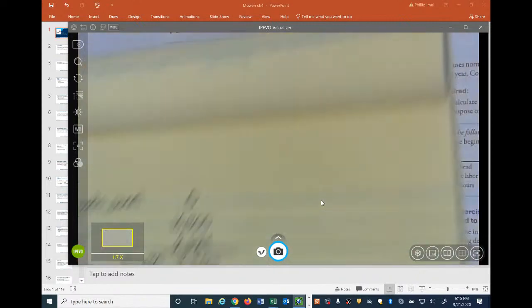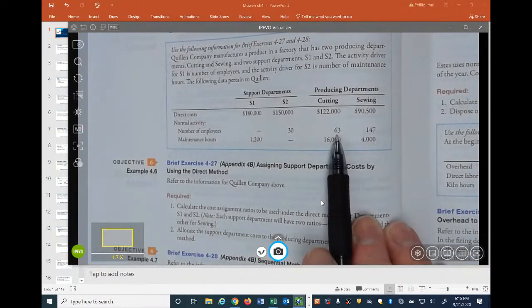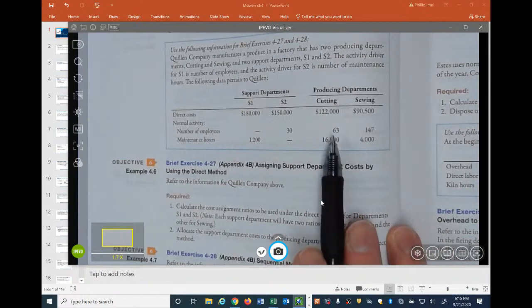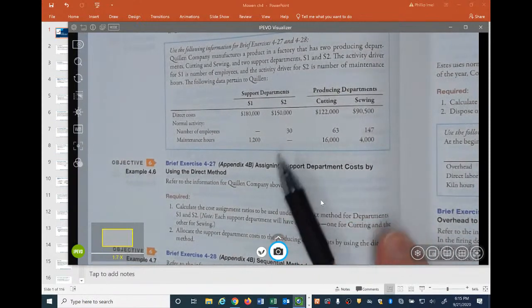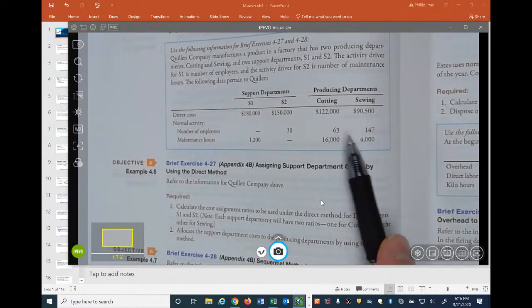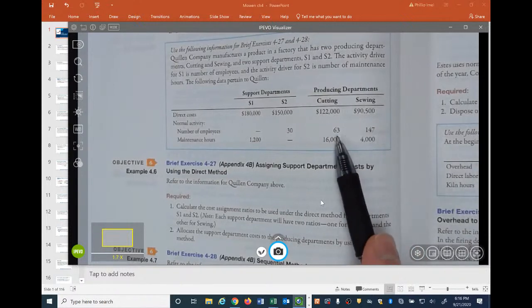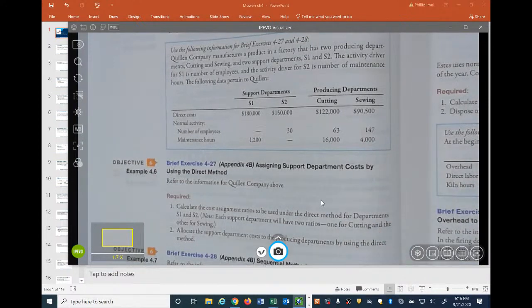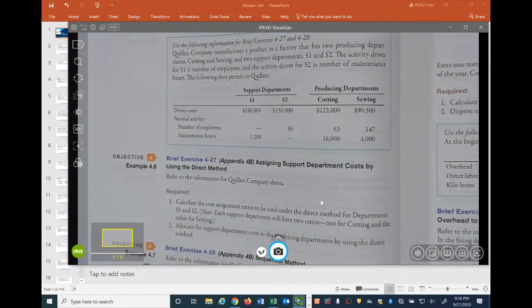So everyone sees that, right? The 63, because we're doing it for the producing departments, we want the cutting, so it's 63 divided by 63 plus 147, because that's the relative percentage of that based upon the overall. Everyone got that? Okay, so if the cutting's 0.3, what about sewing?